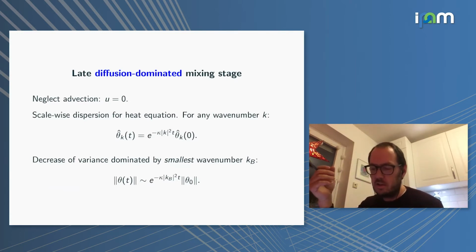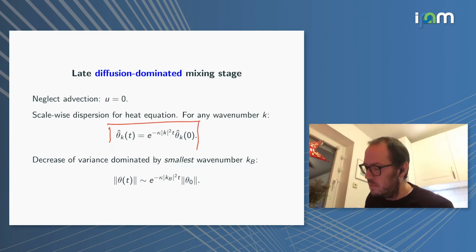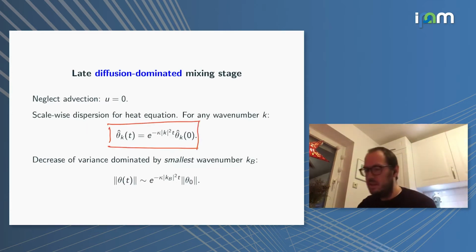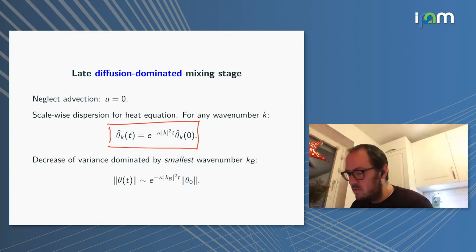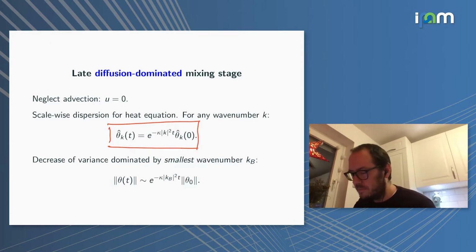If there's no advection at all, I can solve the heat equation easily, just going to Fourier space, and then I have an ODE in Fourier space, which can be solved for every wave number, and what you see is that every mode is decreasing exponentially in time, and the exponential rate is proportional to kappa and the square of the wave number.